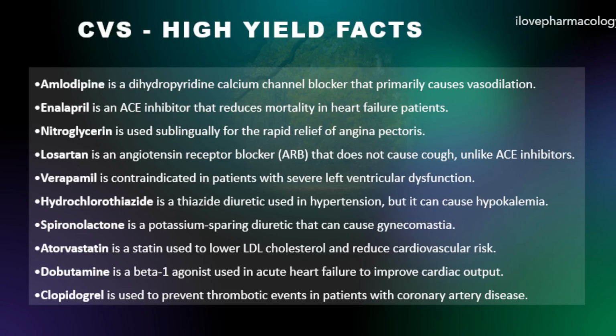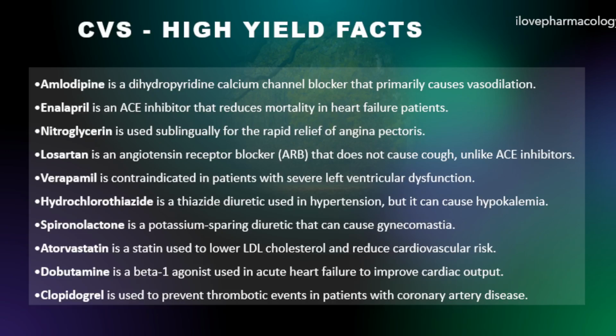Verapamil is contraindicated in patients with severe ventricular dysfunction. And moving on to hydrochlorothiazide, which is a thiazide diuretic, used in hypertension, but it can cause hypokalemia. Spironolactone, again a potassium sparing diuretic, can cause gynecomastia, which is not seen with eplerenone.